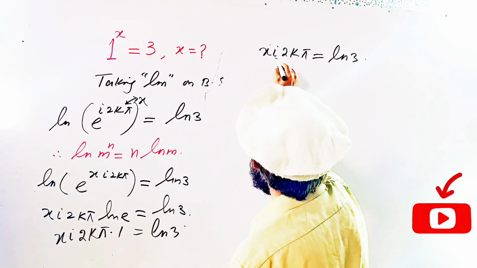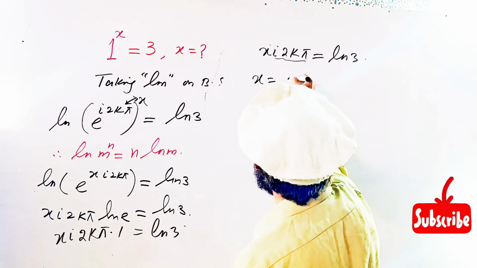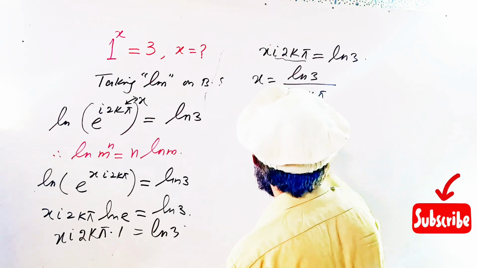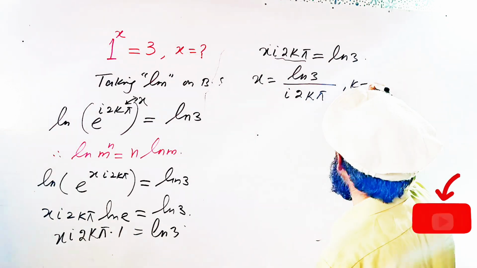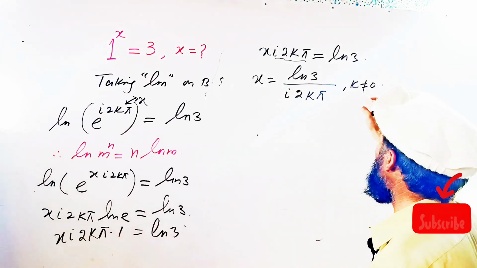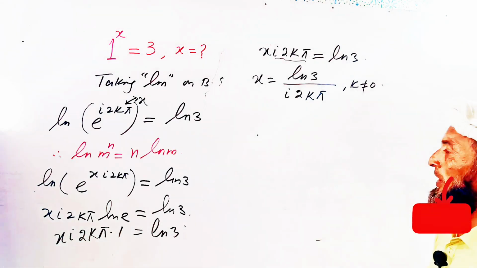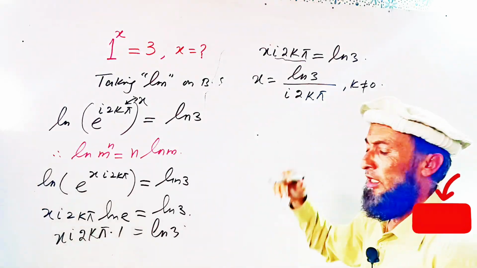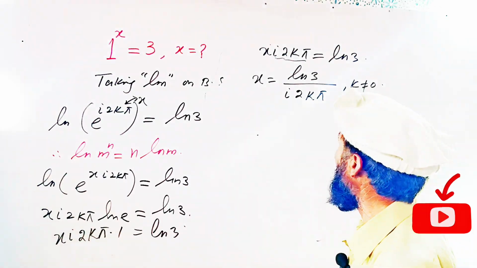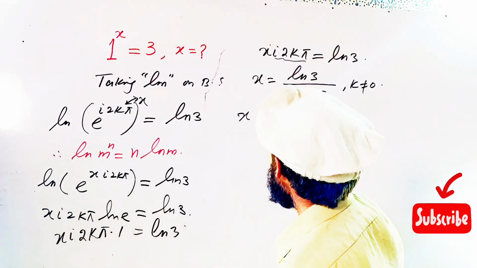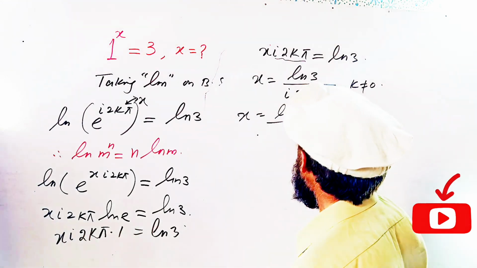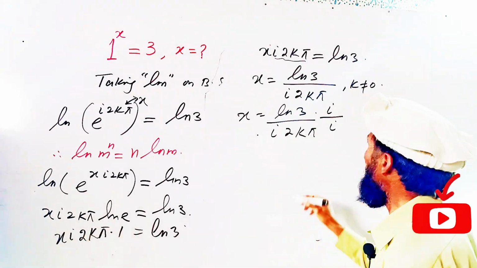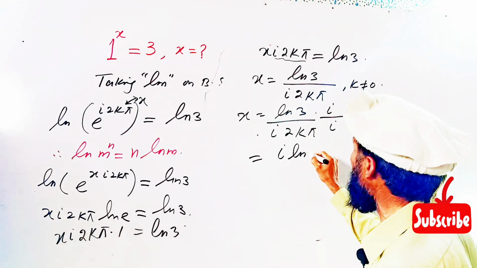Now dividing both sides by this term, x remains log of 3 divided by iota 2k pi. And k does not belong to 0. If we put 0 it is an undefined case, and also iota should not lie in the denominator, so it is in complex form. We can rationalize this one: log of 3 multiplied by iota over iota 2k pi, so we get iota log of 3.